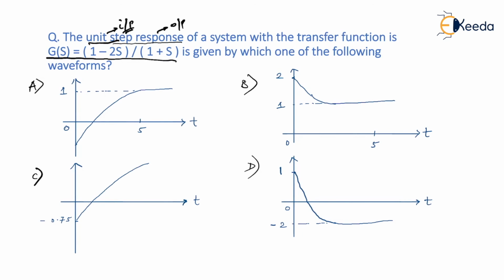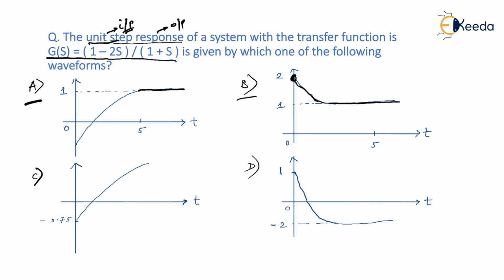So look at the options. If you see the response carefully, you will see that there are two options which are showing final value equal to 1. That is option A and option B also. As you can see at the end, this has reached 1. So this remains a final value. As well as in option B, the response has started from 2, but slowly it is reducing, and it made sure that after that it has become steady state.